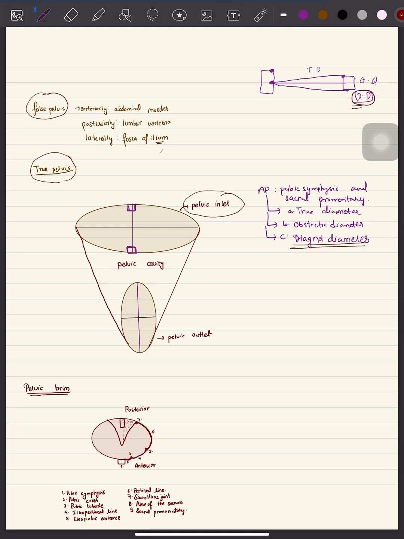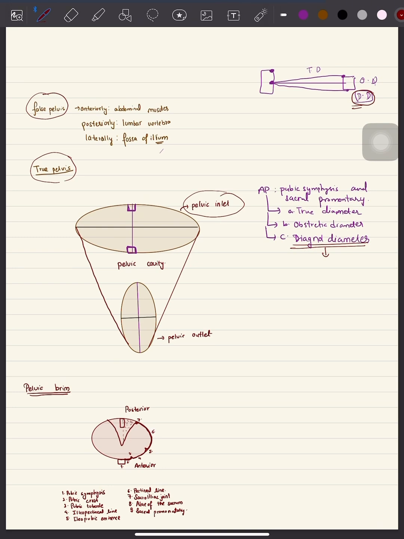Only the diagonal diameter can be measured, by entering through the vagina. One of the pictures is shown there of how to measure the diagonal diameter, which I will be pasting over here and somewhere over here.